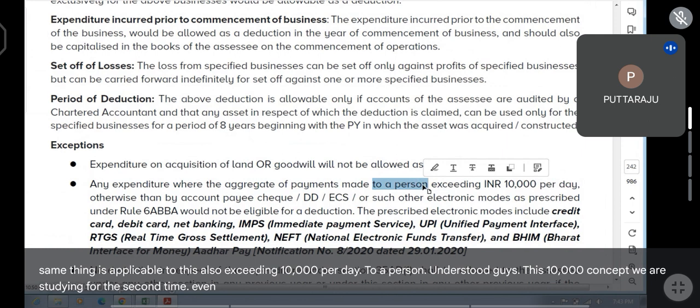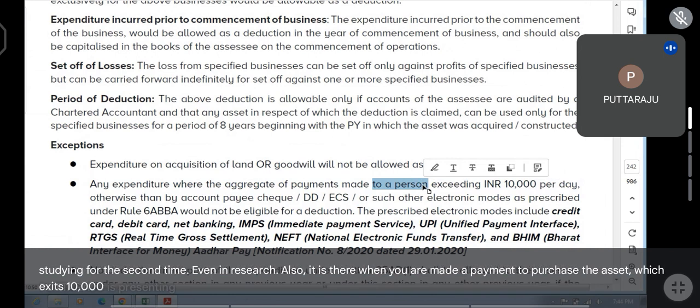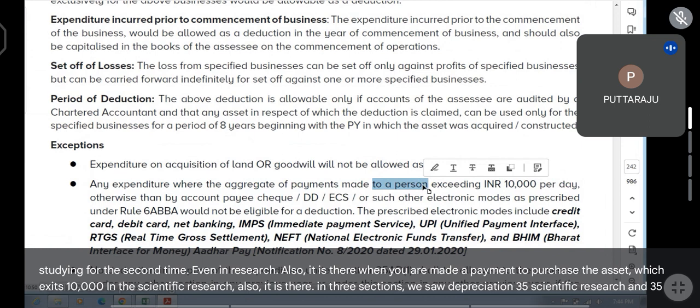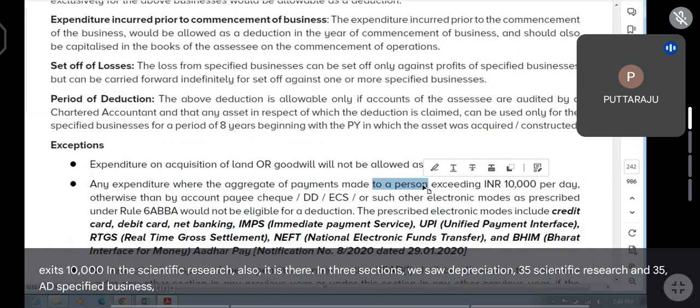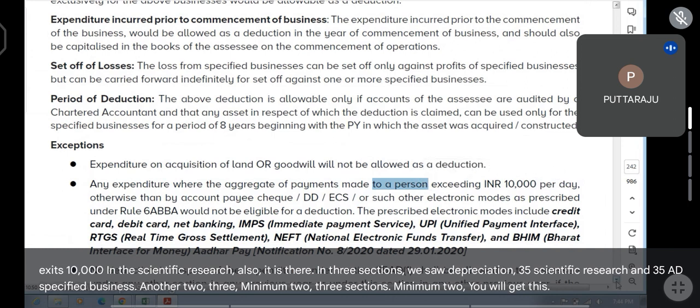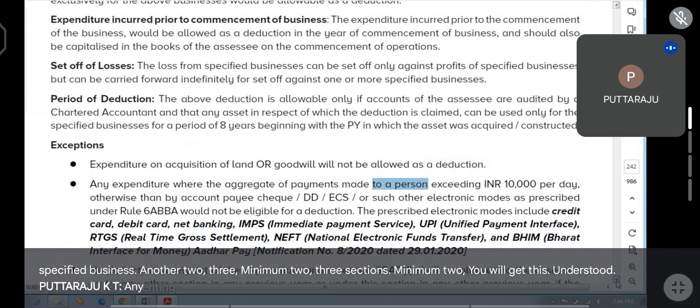Even in scientific research also it is there, when you have made a payment to purchase the asset which exceeds 10,000. In 3 sections we saw: depreciation, 35 scientific research and 35AD specified business. Another 2-3 sections you will get this. Any doubt in this?